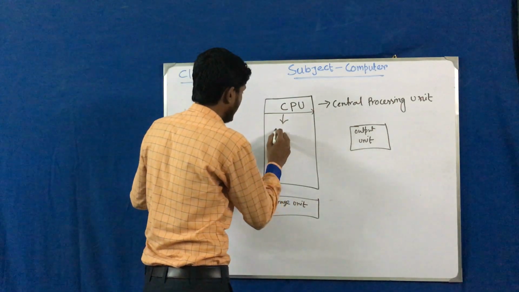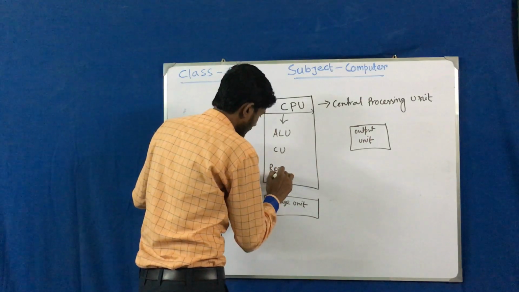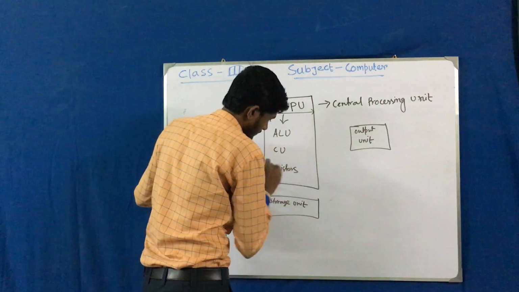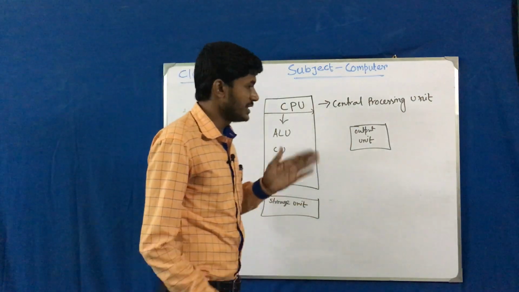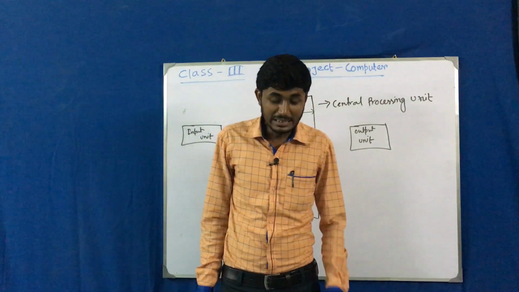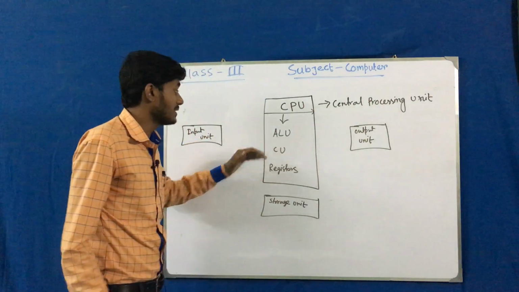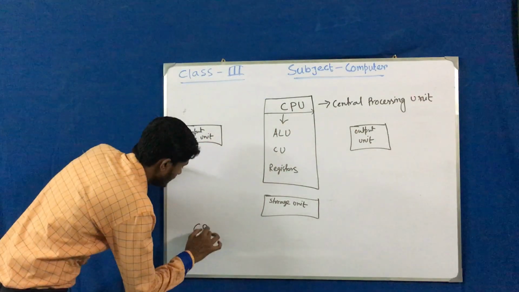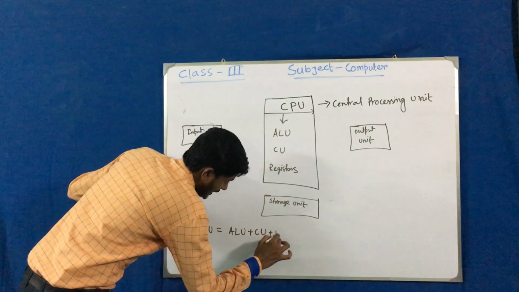CPU consists of ALU, CU and registers. So the processing device is mainly the CPU. So we can say that CPU equals ALU plus CU plus registers.